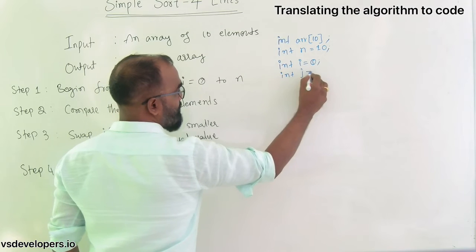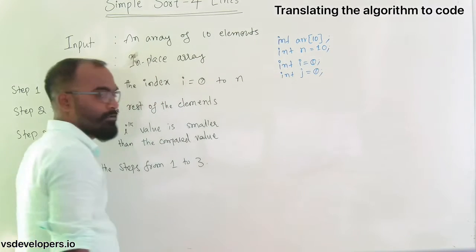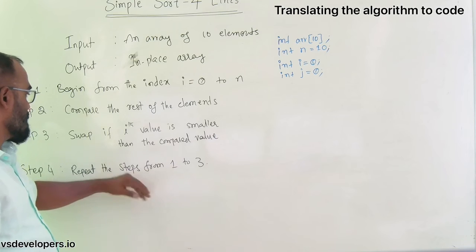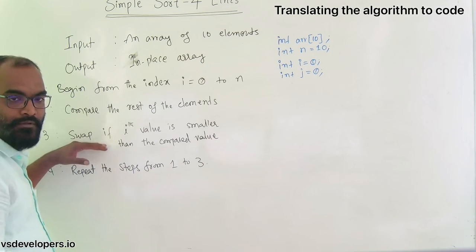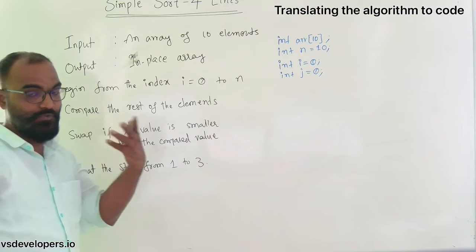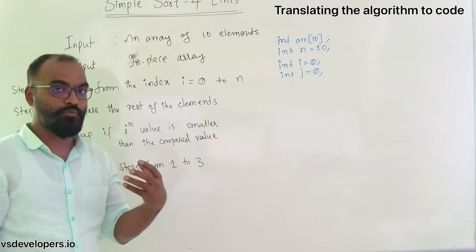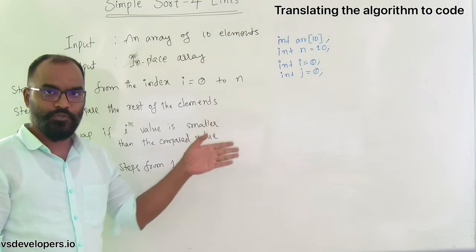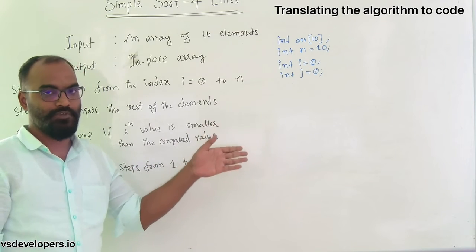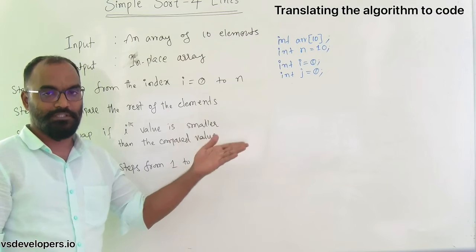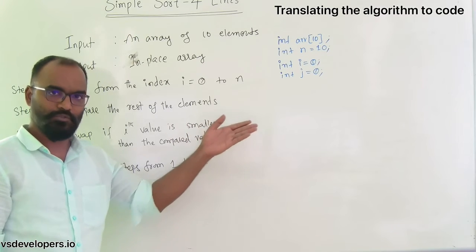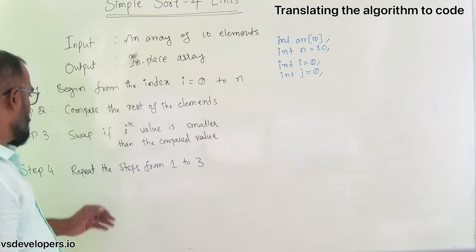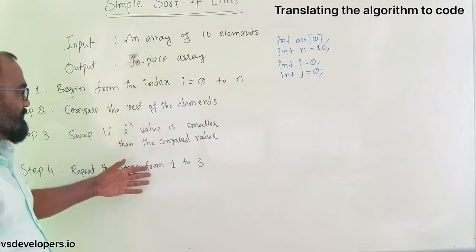I call it j. Do we need anything else? So we need a swap. Either you can write a swap method to swap those two values, or you can do the two variable swapping without using an extra method or extra variable. So we'll do that. Now it looks like from the declaration side, that is it.